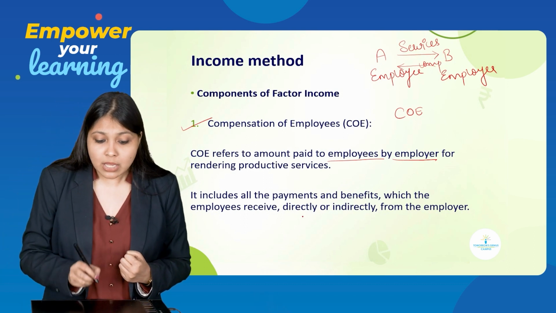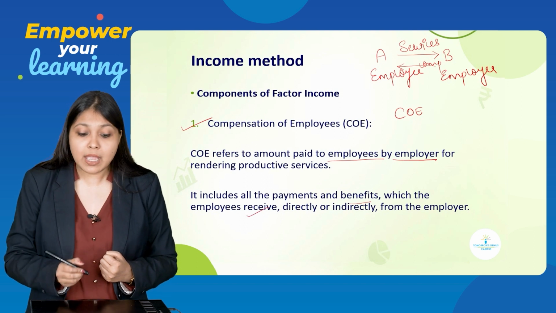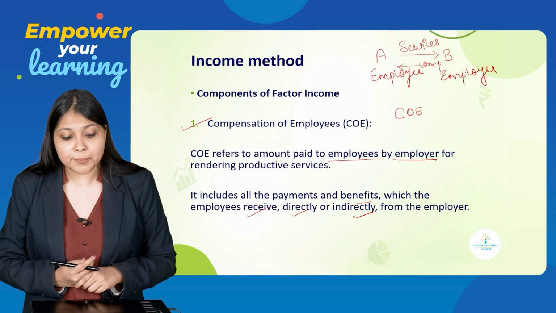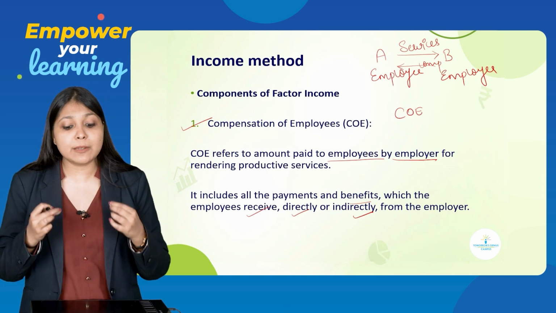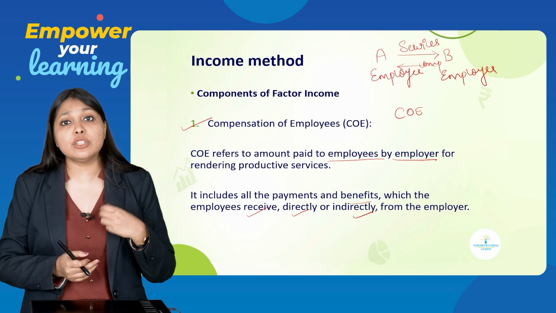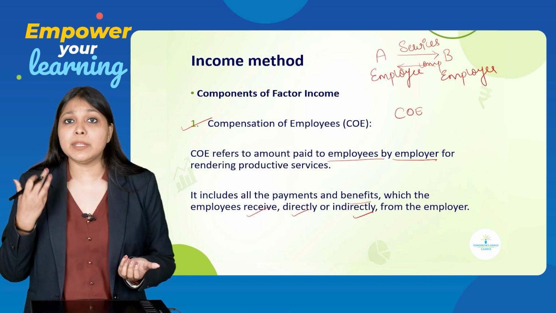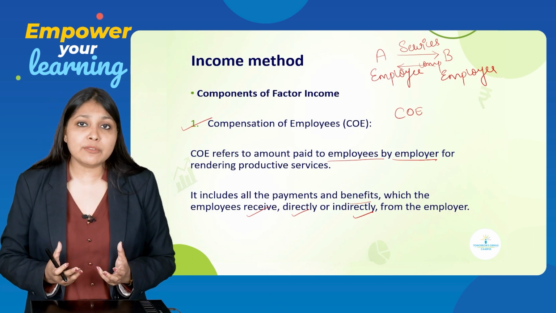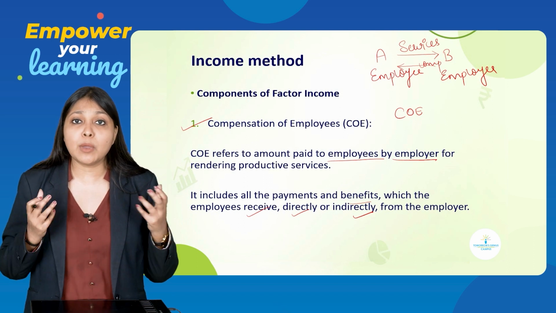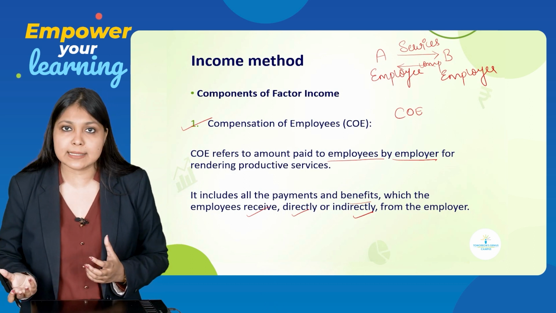So it includes all the payments and benefits which the employees receive directly or indirectly from the employer. Why will the employer give this compensation? Because employees are providing their services in the organization.